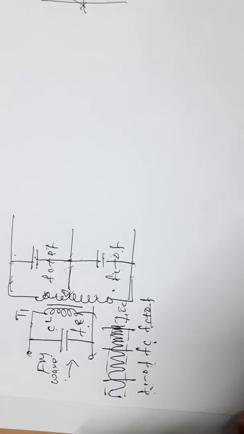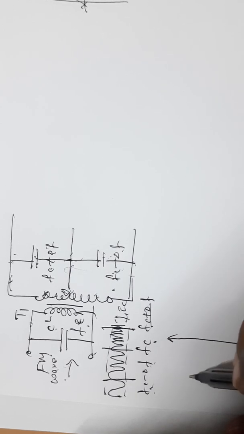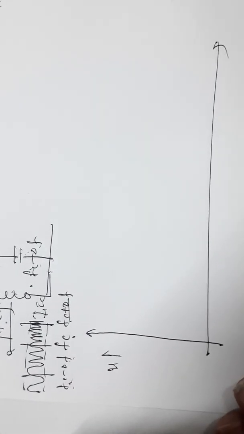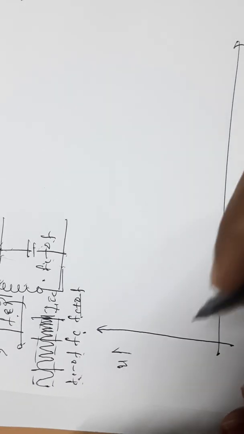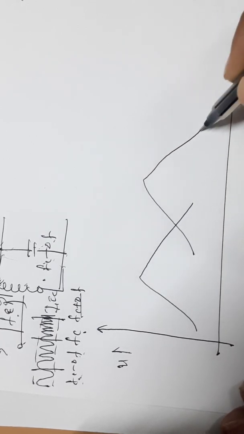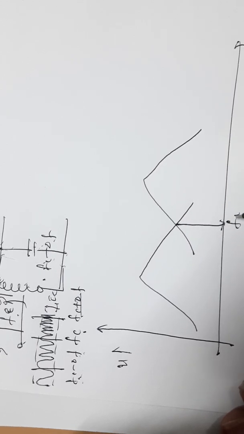Let us consider the voltage of this transformer with respect to the frequency. Now you will get a curve like this. Say this is Fc. This frequency is Fc.